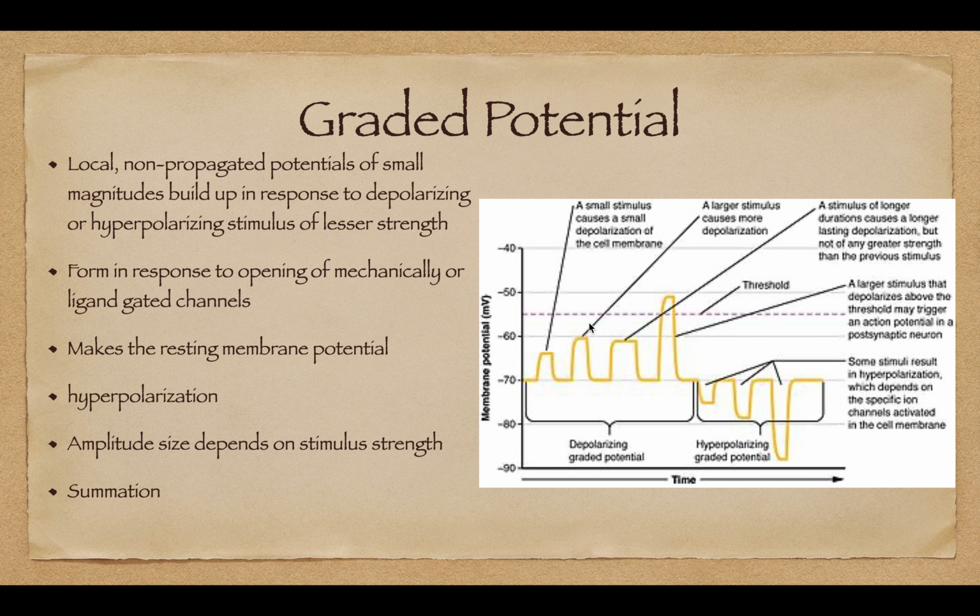As you can see here, small stimuli and then large stimuli cause more depolarization, and more and more, and they add up. It has to pay the price though, because after the graded summation, the axon is going to hyperpolarize.